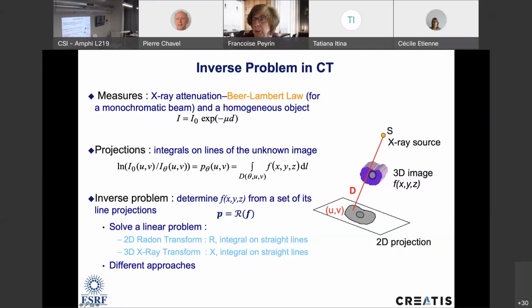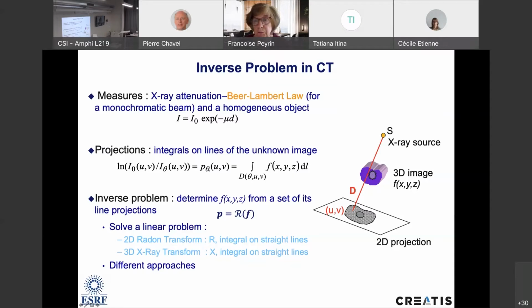And what you measure is now the exponential of the integral of the image over the line D, which joins the X-ray source to the detector. So basically, if you take now the logarithm of I0 over I, what you get is this line integral of the linear attenuation coefficient. So f in tomography will be actually the linear attenuation coefficient.